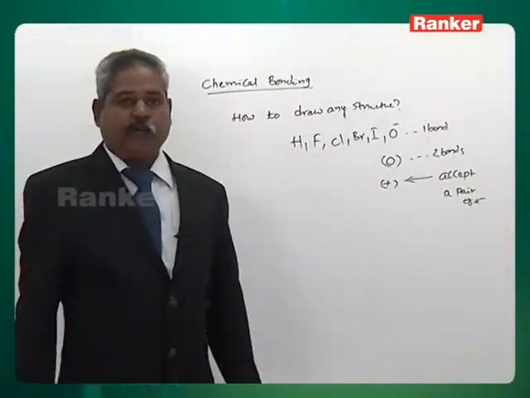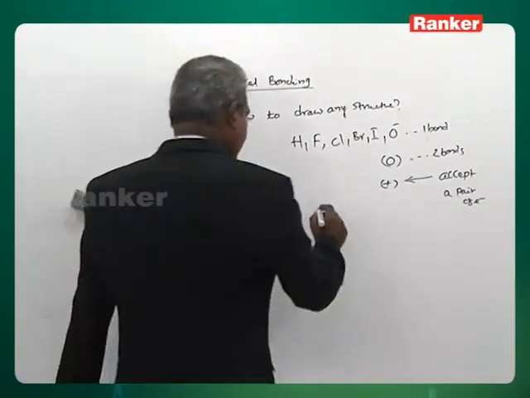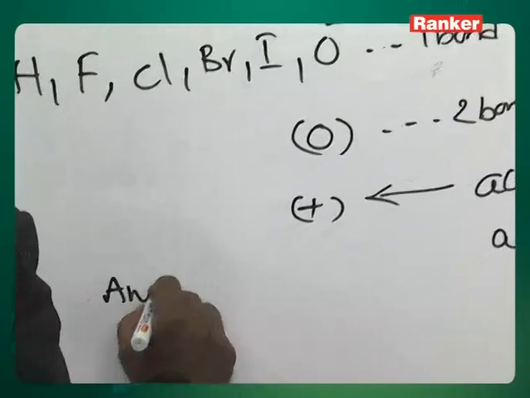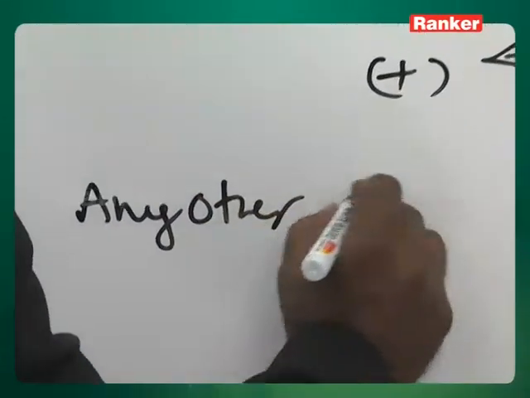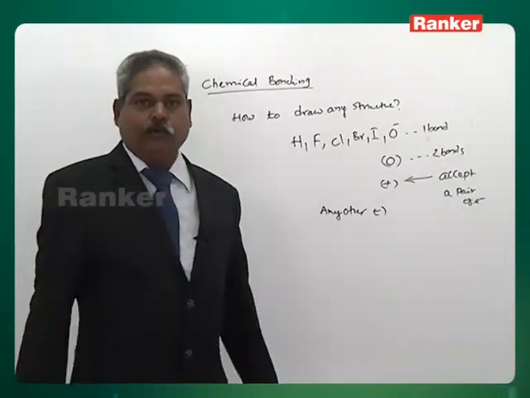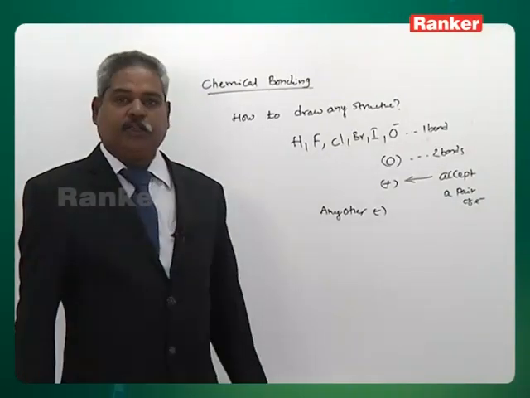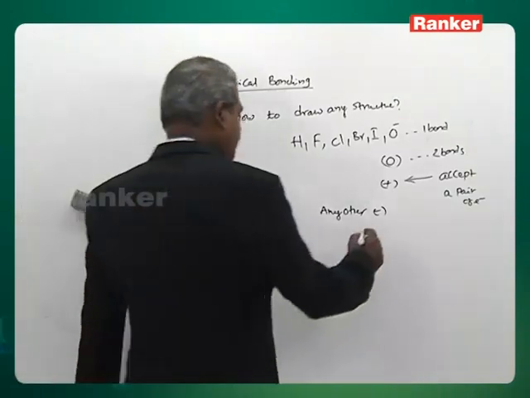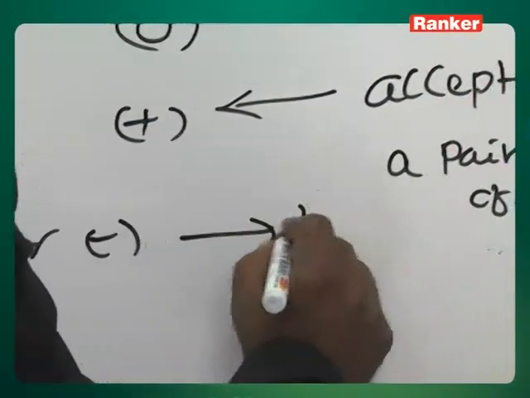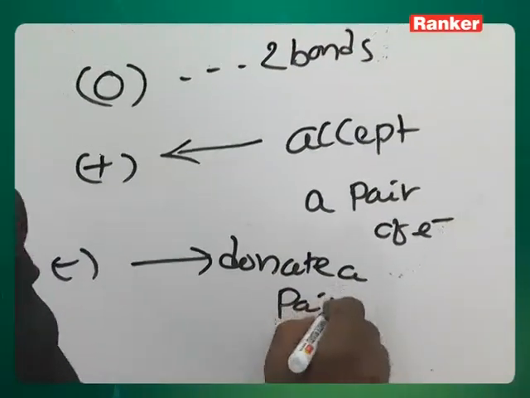If you have a positive species, it accepts a pair of electrons. And any other minus, other than O minus, we have already mentioned what O minus is capable of. O minus can form one bond. Any other minus other than O minus donates a pair of electrons.